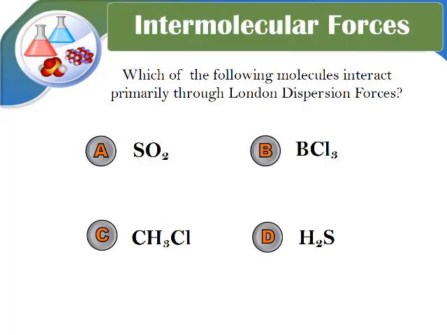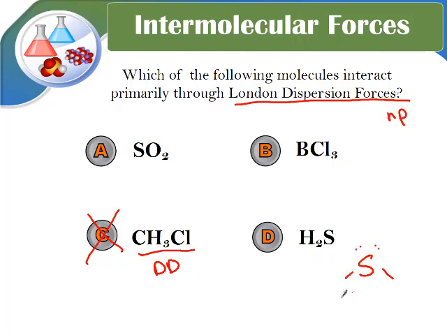Go ahead and pause the video and figure out which of these interact primarily through London dispersion forces. In other words, we're looking for the one that's nonpolar. This one has 3 different elements. So that one would not be London. That would actually be dipole-dipole. H2S, without drawing it, I know that there has to be lone pairs on sulfur because hydrogen can't double bond. So this one also has to be polar.